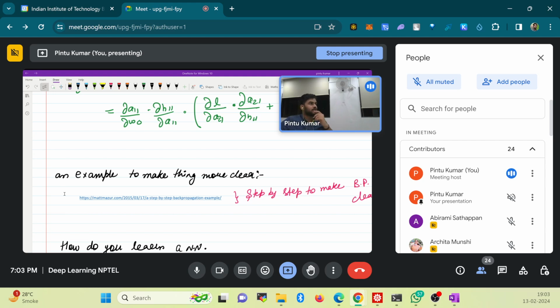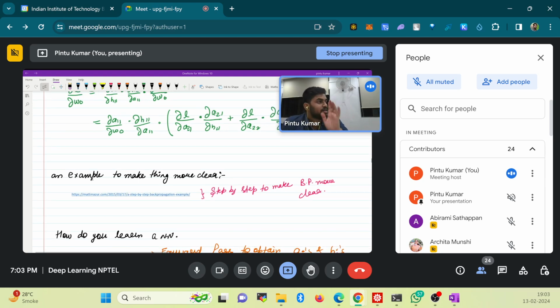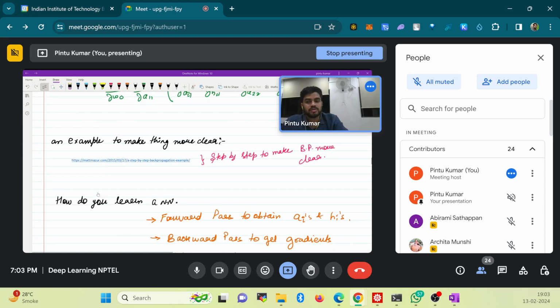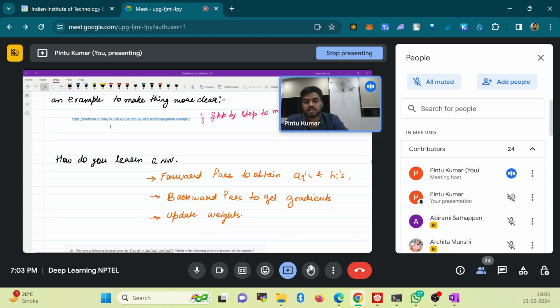I did not feel that I would have enough time to solve it over here, so I've included this link. You can access it when I post this sheet. I would highly recommend you have a look at it, and if back propagation is still not clear, it would definitely be clear after this solved example.